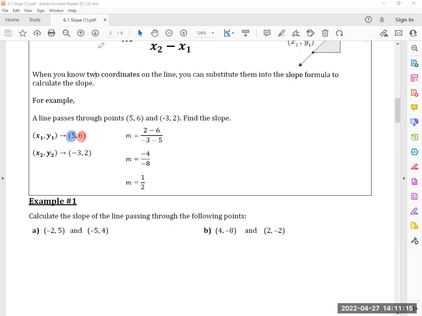My red is the 6. And my -3 is the blue, my 2 is red. I'm placing my y value on top, and I'm putting my -3, my x value on the bottom. And then I subtract. I am placing the y value of 6 on the top, and I am placing my x value of 5 on the bottom. 2 minus 6, -4; -3 minus 5, -8.